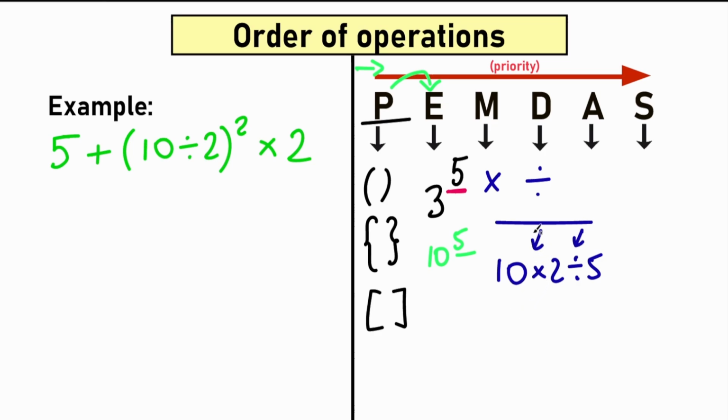So this multiplication and division part is one common group, because multiplication and division in terms of PEMDAS have the same priority. So right now we need to scan for the first sign from left to right, and here it is multiplication, and that's why we should perform multiplication first. But imagine when we have 10 divided by 5 times 2, where we have division first, then multiplication.